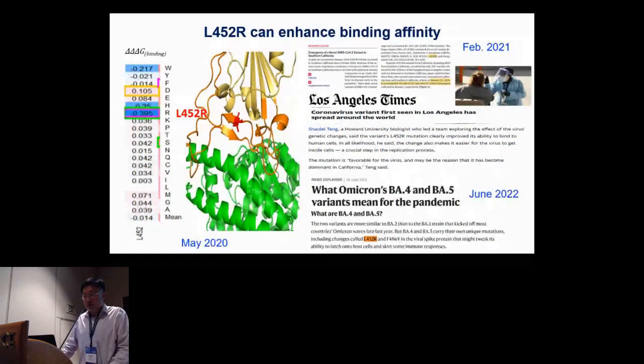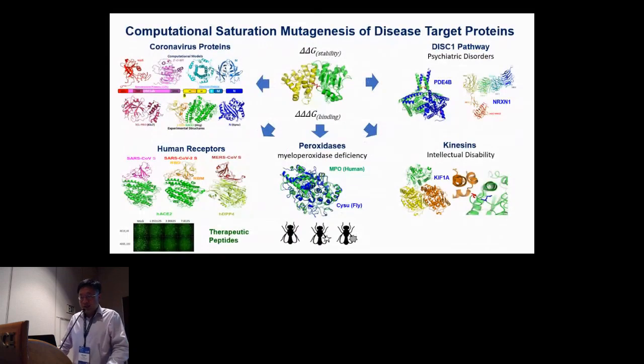And recently, we found this mutation exists in Omicron BA.4 and BA.5. So it indicates ΔΔG binding could be a very useful feature for understanding dominant variants.